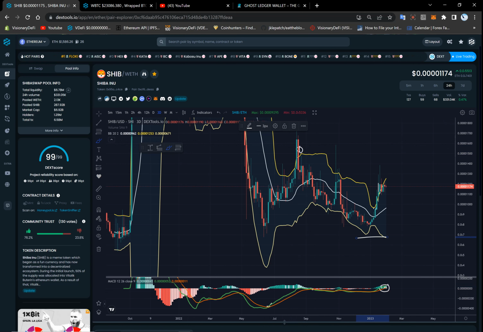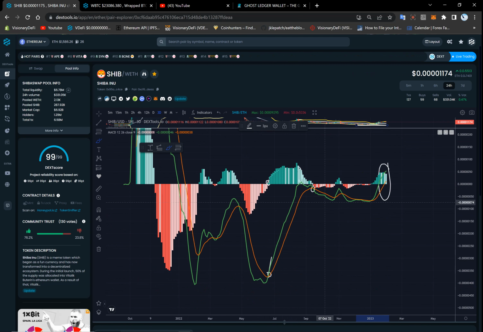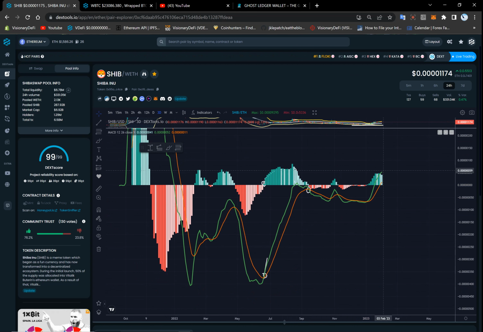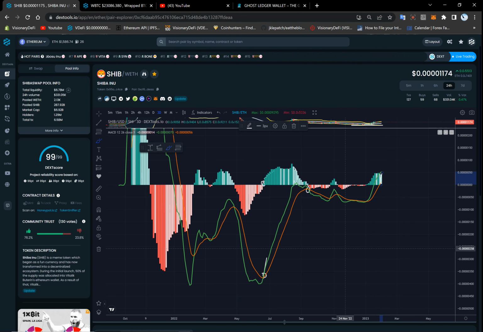So right now we are having another scenario here where we're experiencing low buying pressure on the 3-day. Here you can see selling pressure is starting to decrease, and the line hasn't crossed yet, but you don't need that, this is just another indicator.